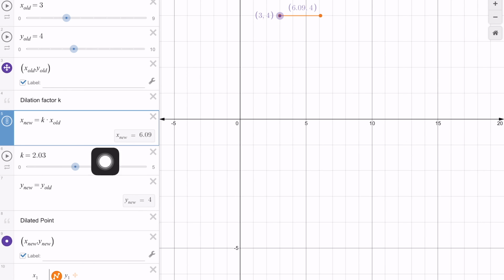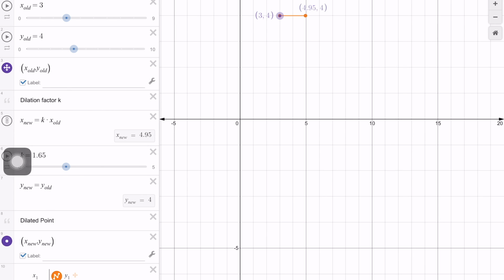So if I change the k value, let's say I'm changing k to 1.6, meaning it's going to move away since it's bigger than 1. And as I increase k more and more, the point 3,4 diverges away from the y-axis further towards the positive x-axis.